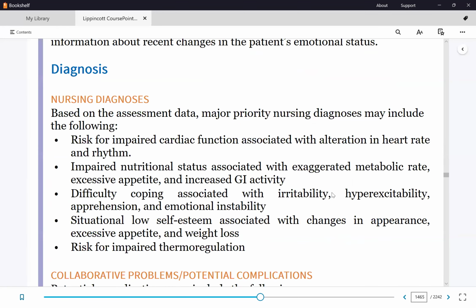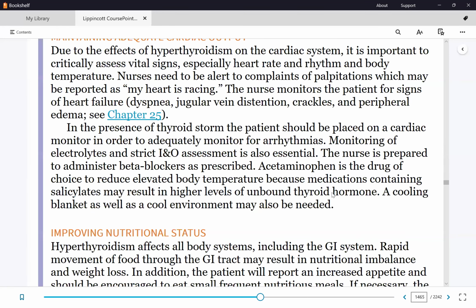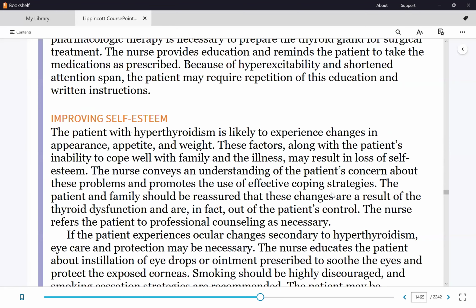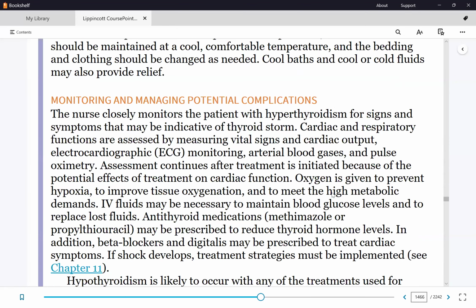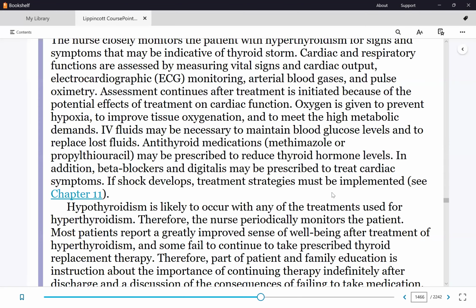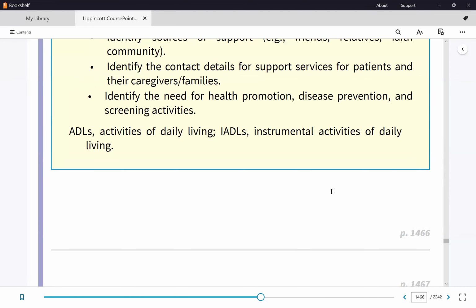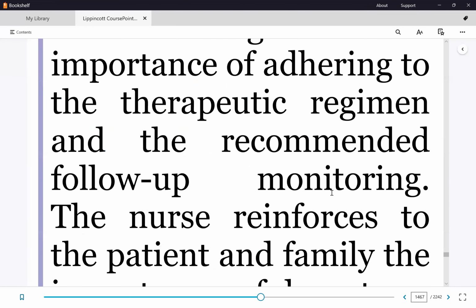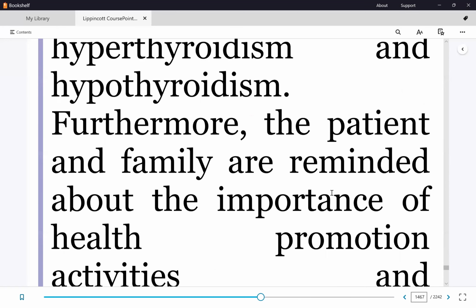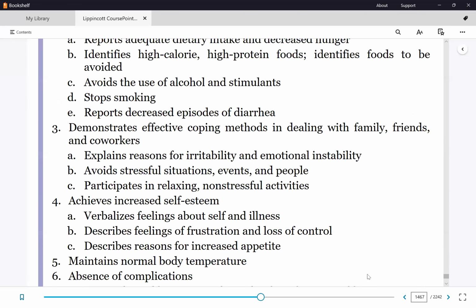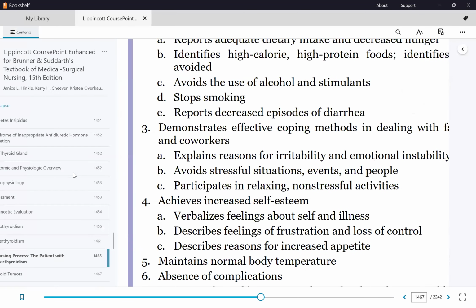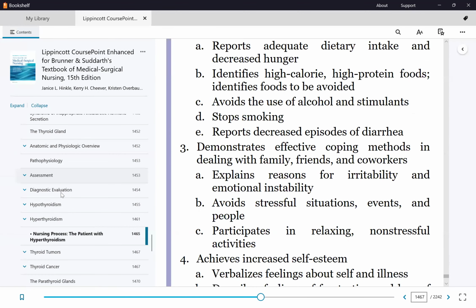Post-op care, let's do post-op care here. I remember it's not in this section. It's under thyroid cancer. Right here.